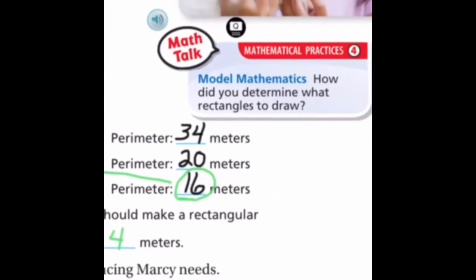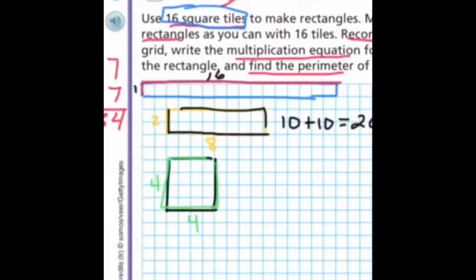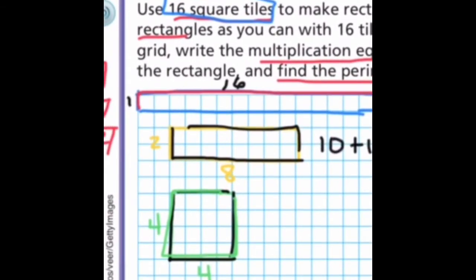Okay. And the model math, how did you determine what rectangles to draw? Again, I always start with the 1 by something. So if my area is 16, it's 1 by 16. And then my next step would be, okay, make a height of 2.